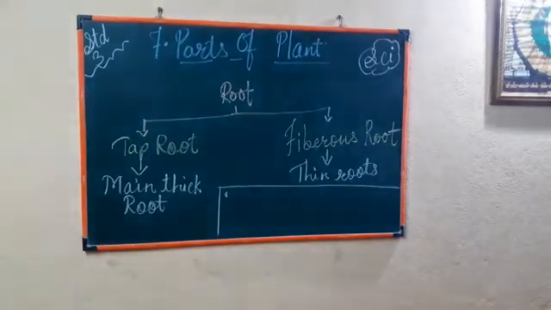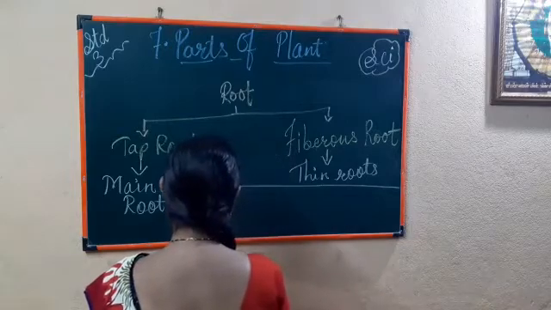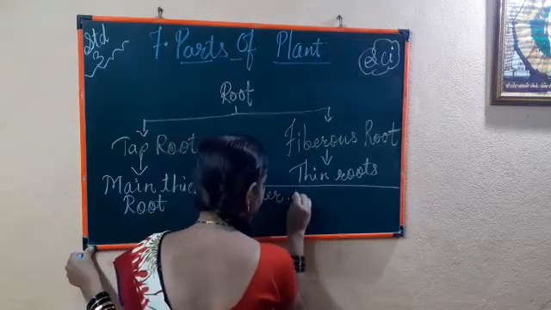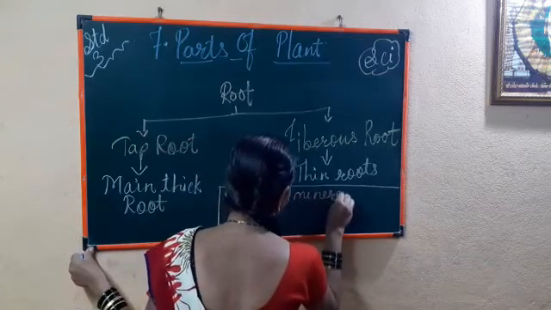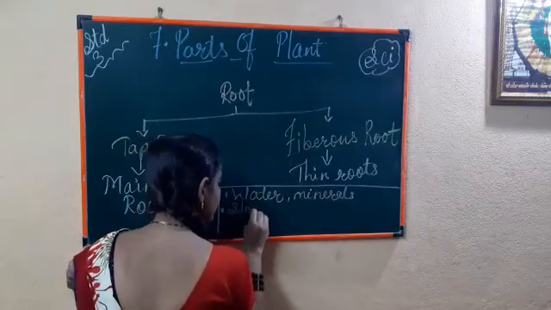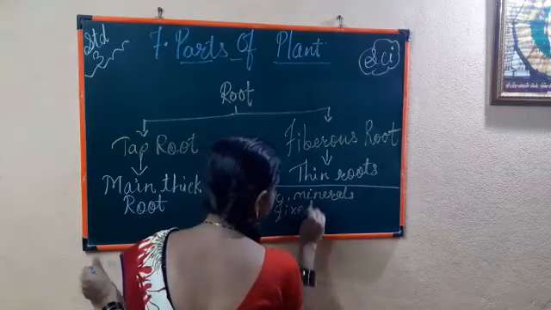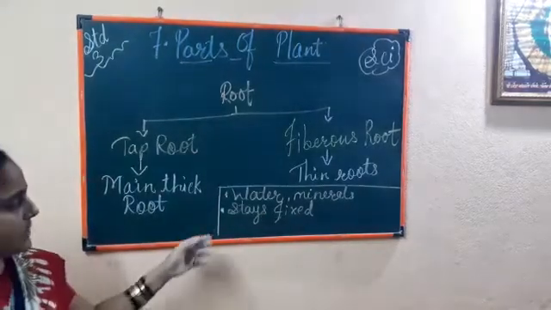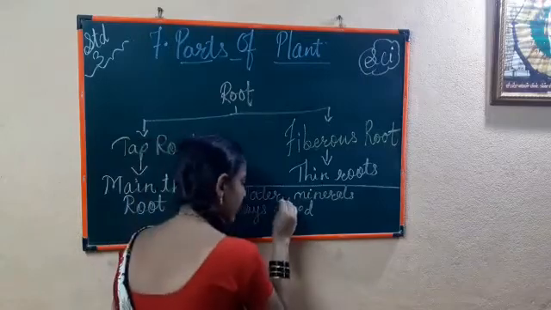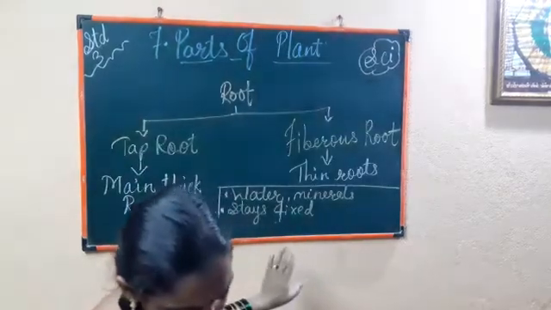It takes minerals and the water from the soil. Also it stays fixed in the soil. It gives a fixed place, or fixed support, to the plant. So it gives proper support to the plant.